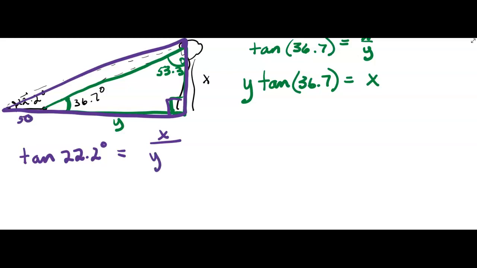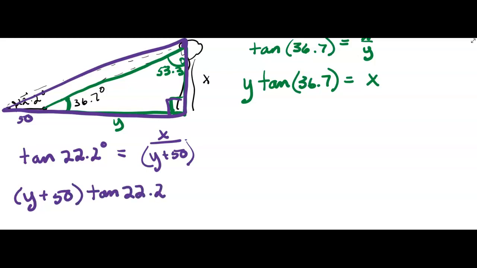So that is y plus 50. Okay, so now I can say, hey, if I multiply both sides by y plus 50, so y plus 50 times tangent 22.2 degrees is going to equal x.